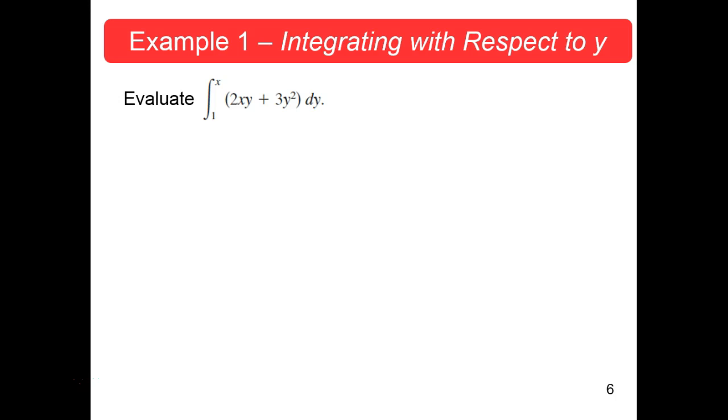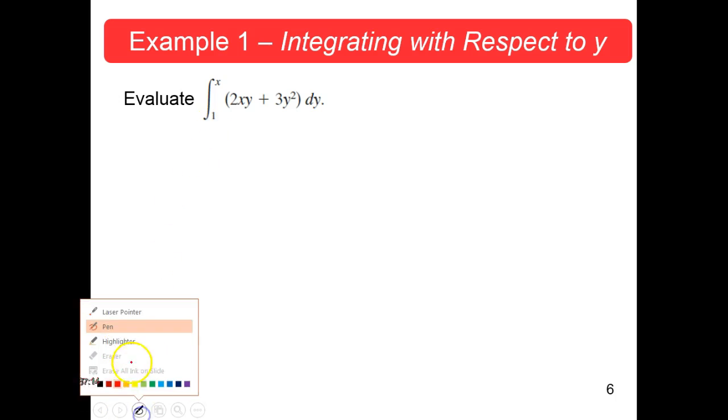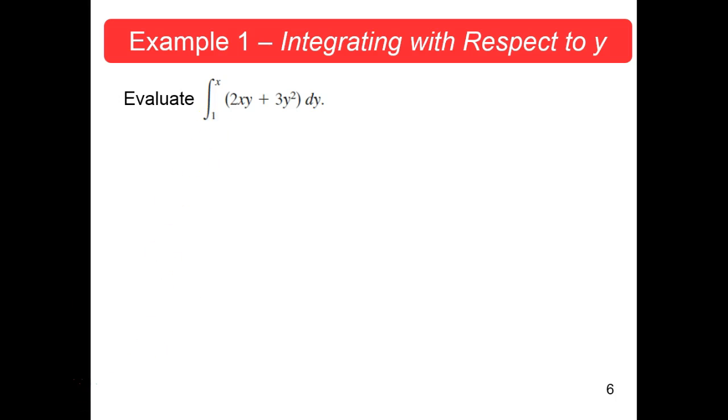Here's an example. We're integrating with respect to y only. Let me get my pen back. Since you're integrating with respect to y, we hold x constant.